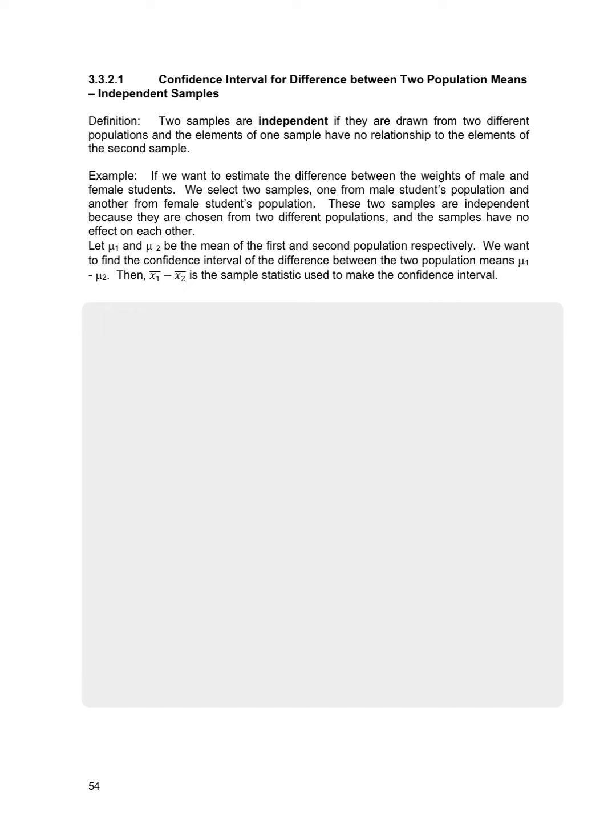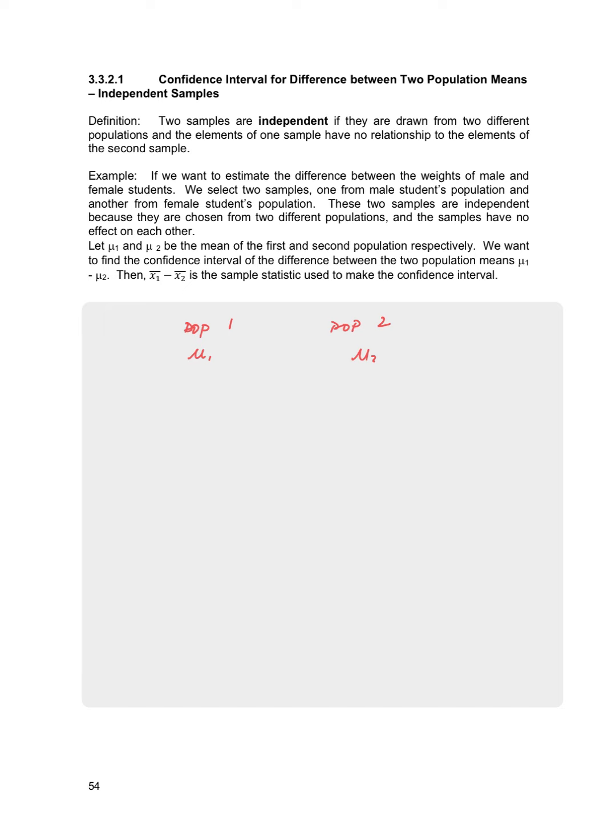So kita ada population 1, and then we have population 2. Kita tahu mu untuk population 1, kita tahu mu untuk population 2.